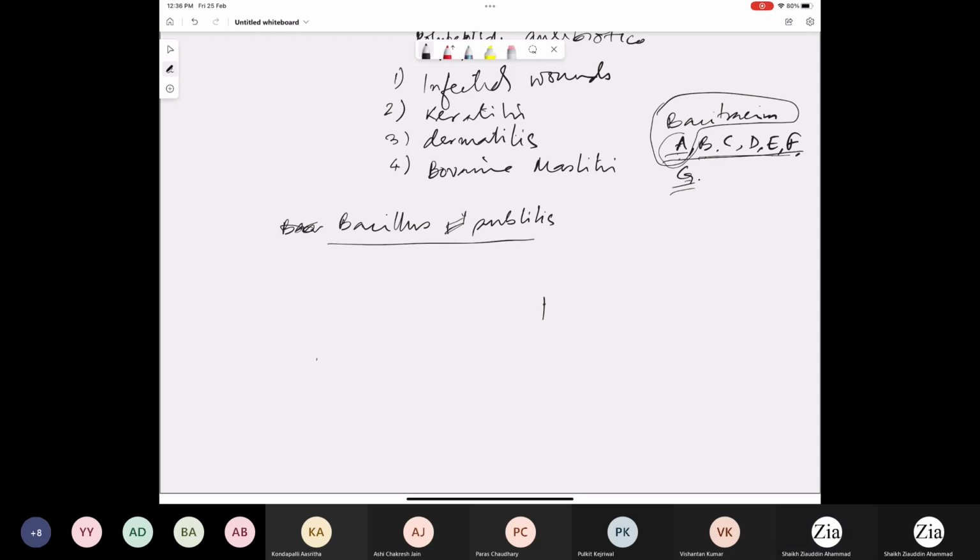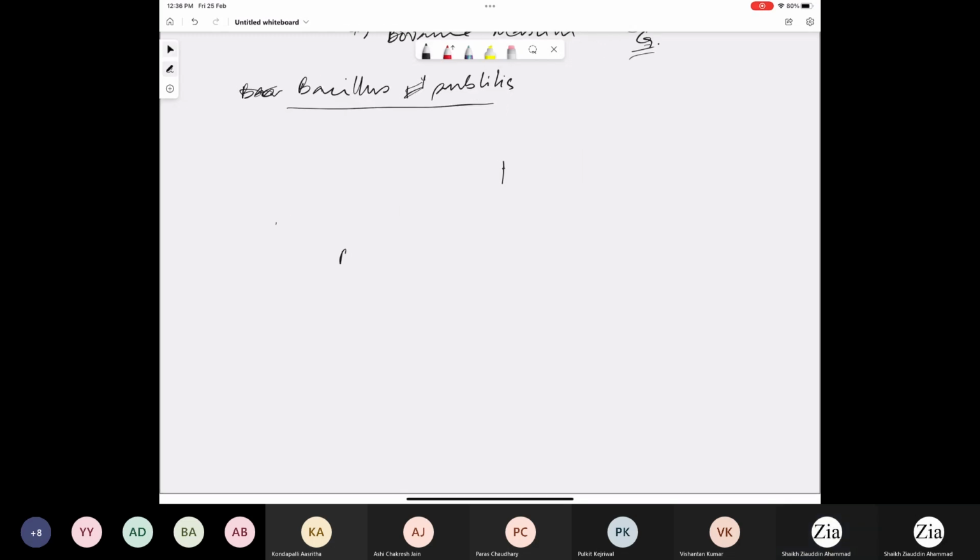Now to get higher concentration of bacitracin A, one of the preferred cultures is Bacillus licheniformis.